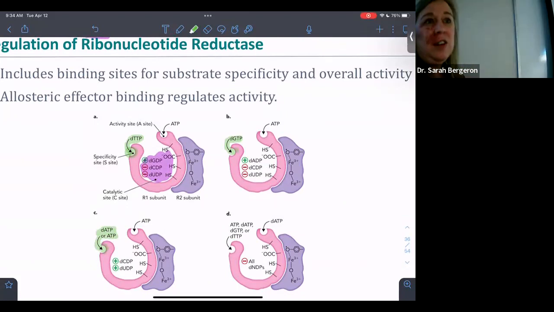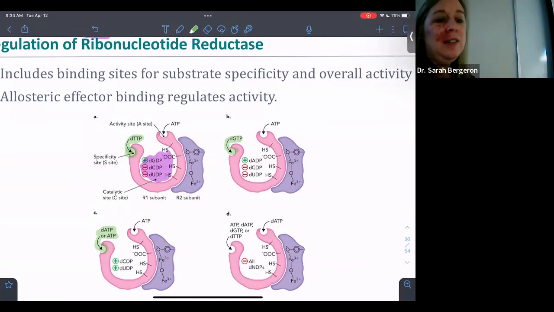Y'all see that in each of the diagrams? What's in A? dTMP. What's in B? dGTP. What's in C? Either dATP or ATP. And then D is going to be different.